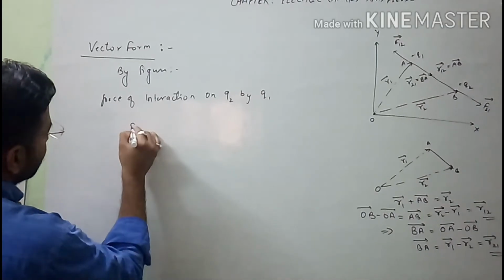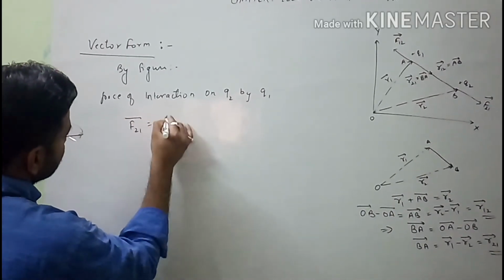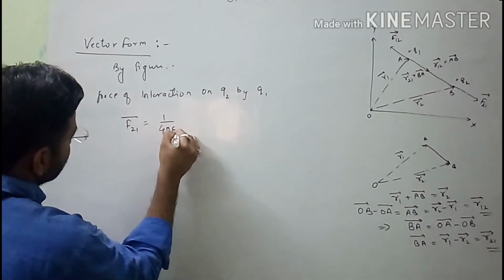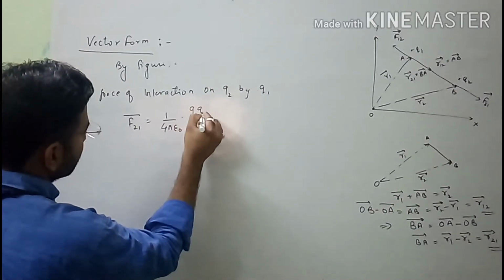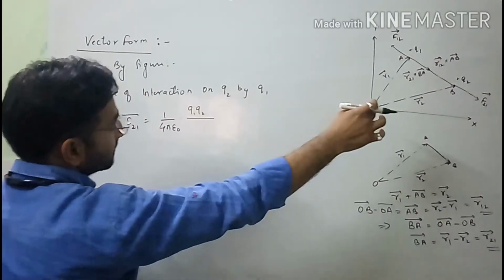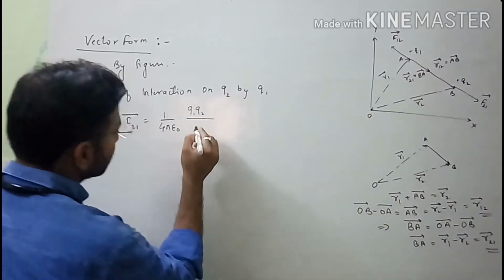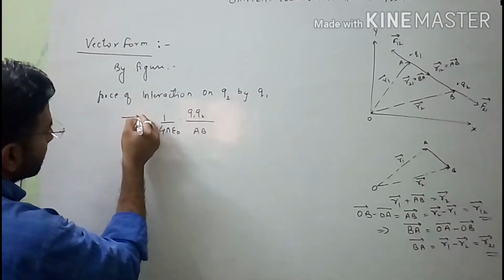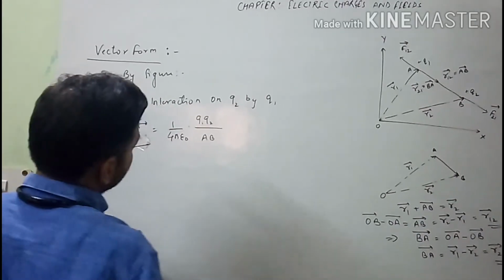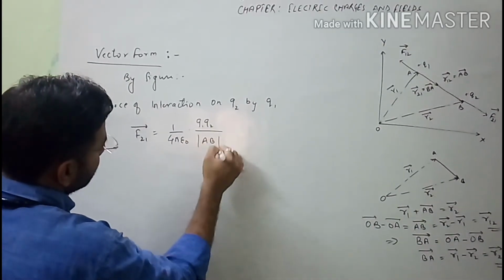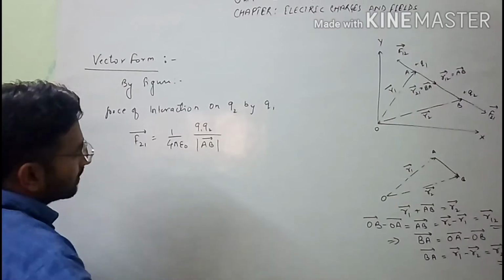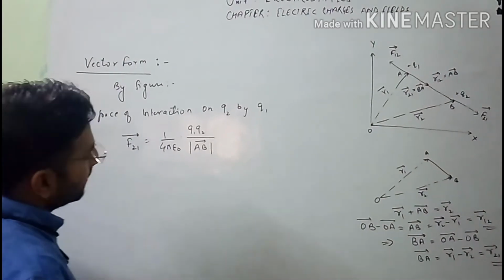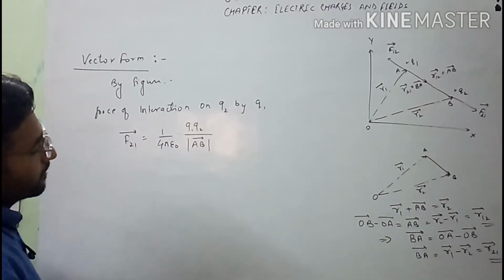So here we will write F21, which is equal to 1 over 4 pi epsilon naught Q1 Q2 by the distance between them. Distance is AB, because here we are writing this in vector form. So I will use the AB vector in this way.